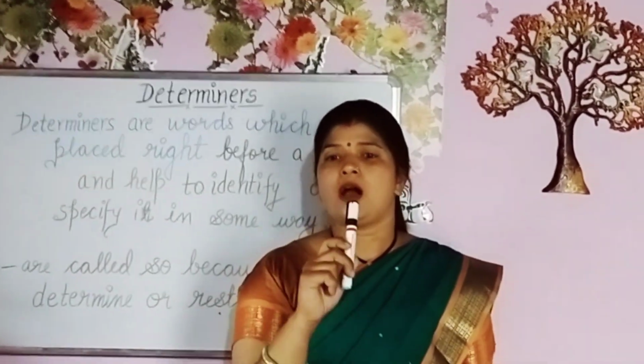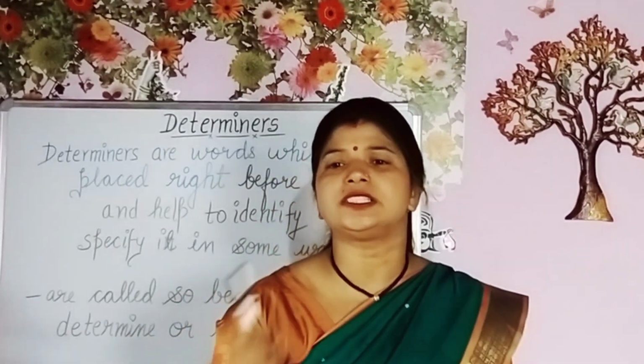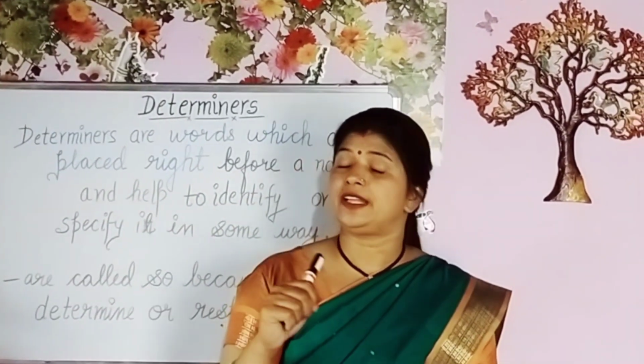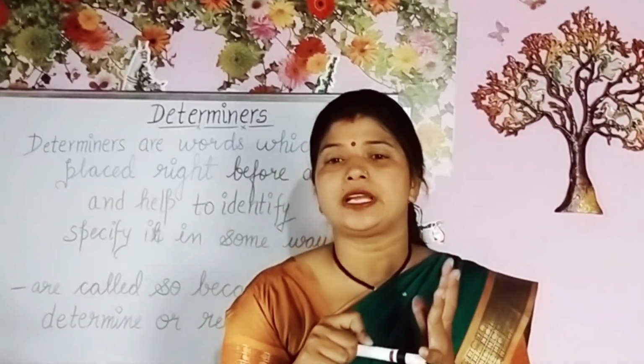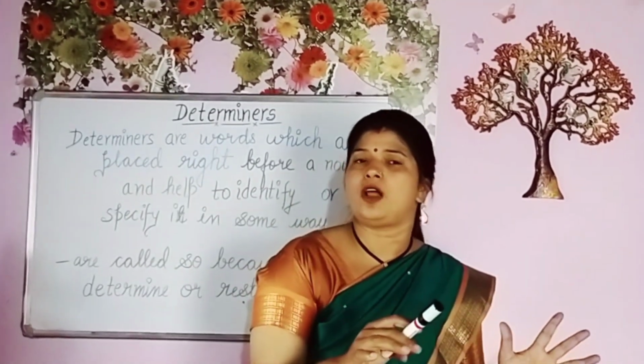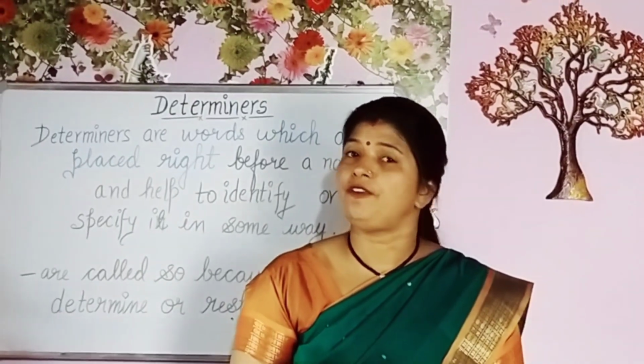Okay. Now, a few examples of determiners. Determiners are words used with countable and uncountable nouns. ये countable और uncountable noun के साथ use होते हैं. To qualify them, they are called a special kind of adjective.